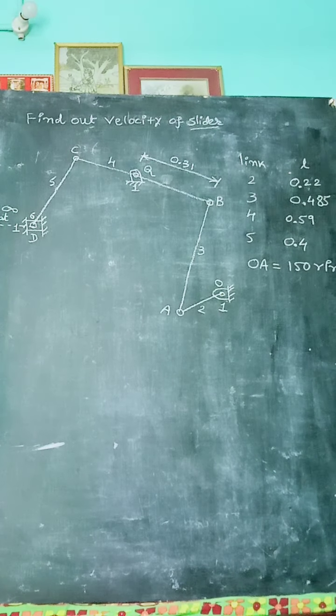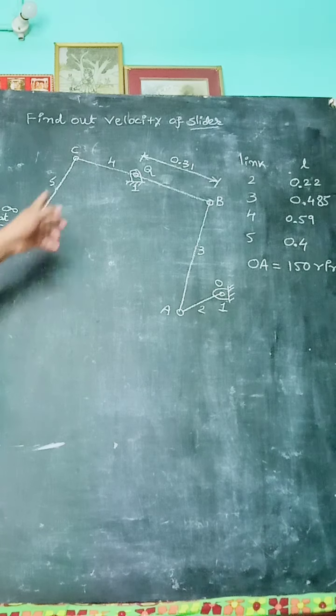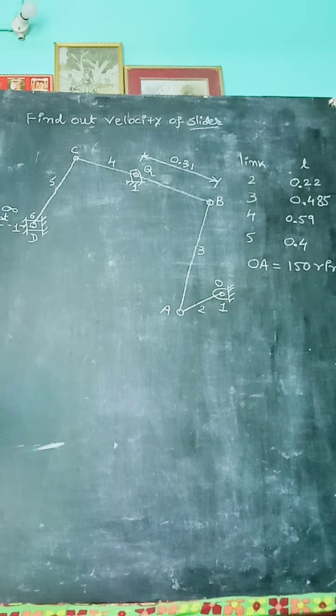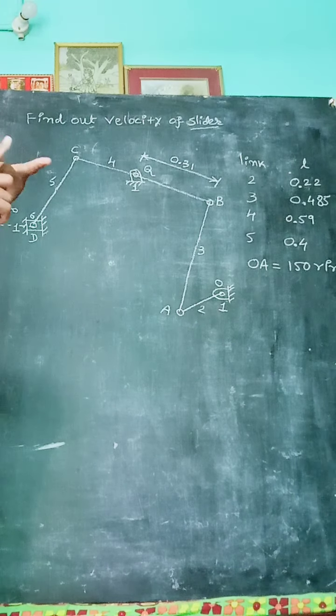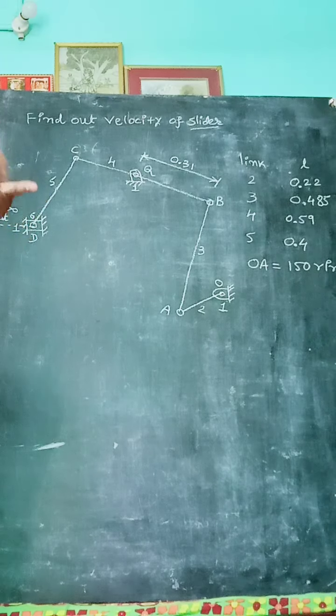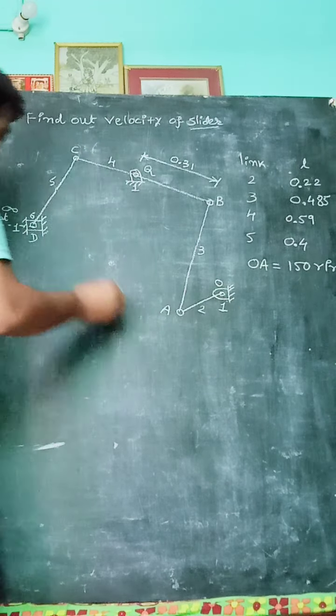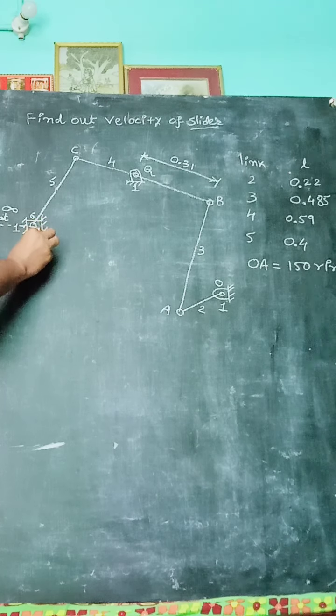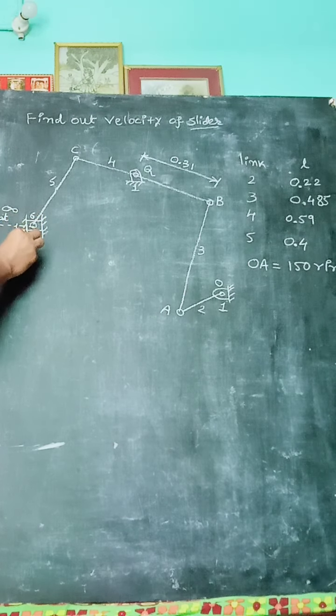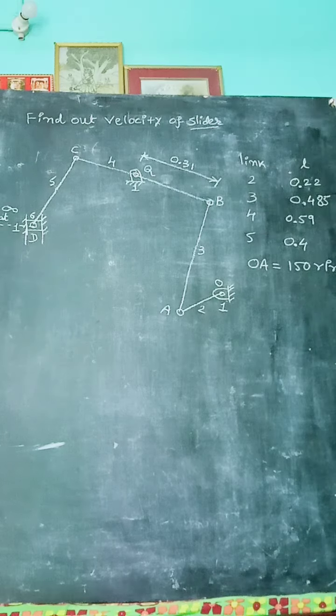Students, now we are going to solve one problem where we are considering the fulcrum as well as the fixed link as link number 1. So this is link number 1, as well as this cylinder surface, it is also link number 1.